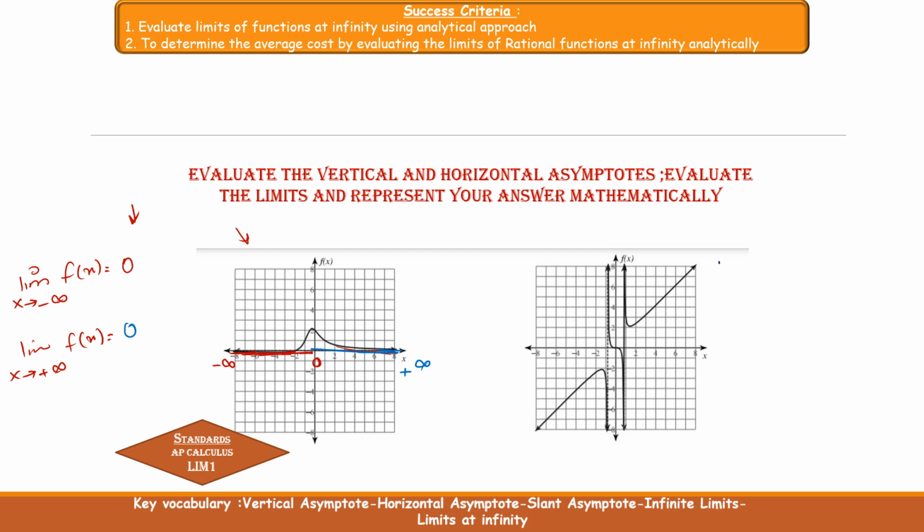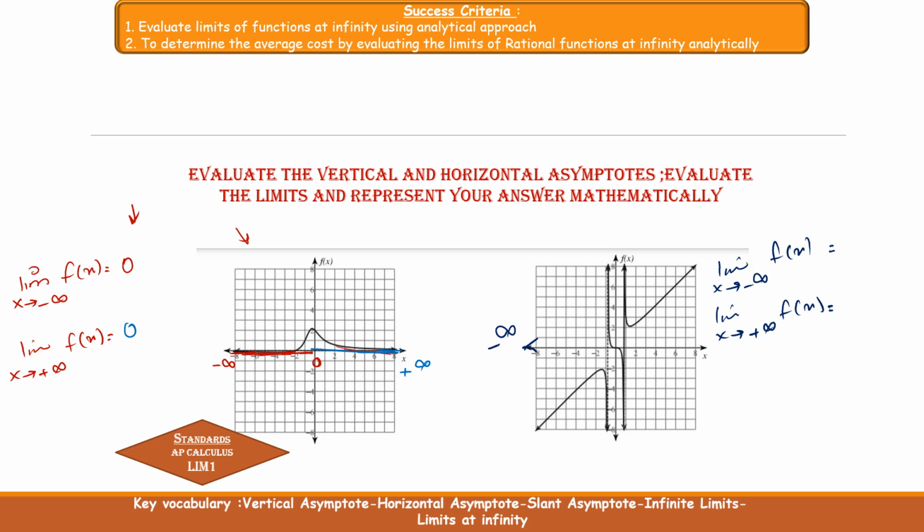Let's try another thing. One is limit x approaching negative infinity and one is limit x approaching positive infinity. The first thing which is very clear, you have to write the end behavior, or look at the horizontal asymptote or slant asymptote and write the equation. So here it is negative infinity, right?